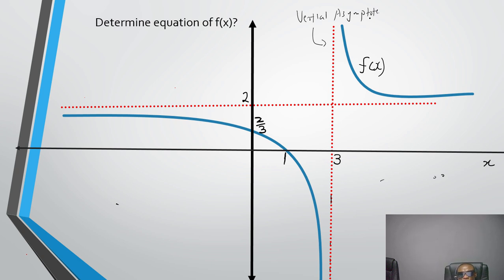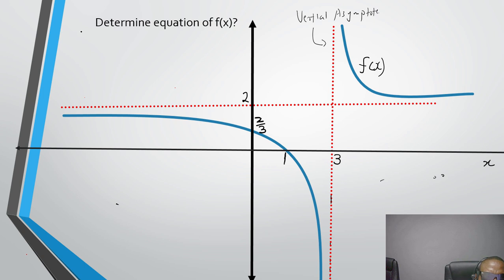Now, most of the time, they will give you a certain equation, maybe an incomplete equation of f of x, where it has got missing values. We are going to give you the equation in terms of variables.